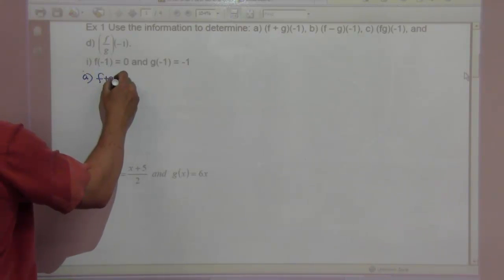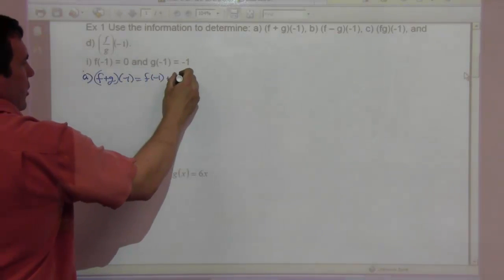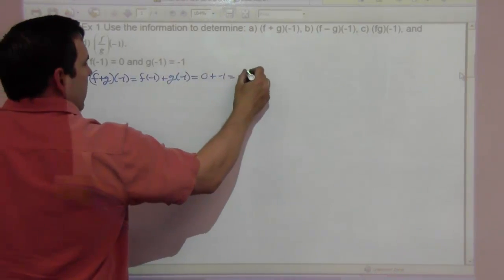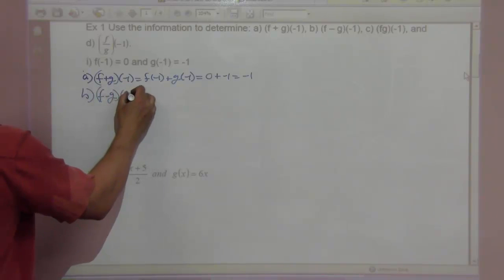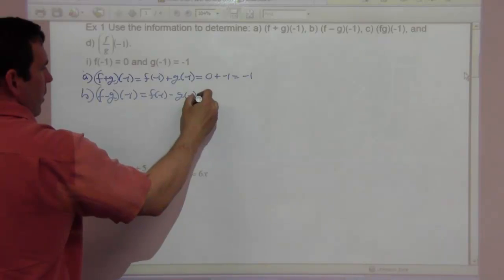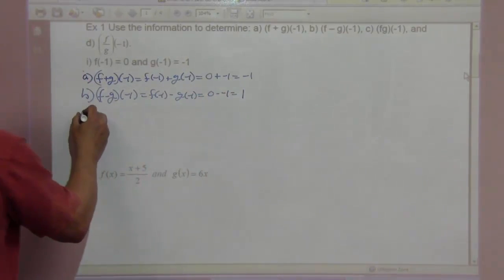F plus g of negative 1 is f of negative 1 plus g of negative 1, or 0 plus negative 1, which is negative 1. F minus g of negative 1 is f of negative 1 minus g of negative 1, or 0 minus negative 1, which is 1.